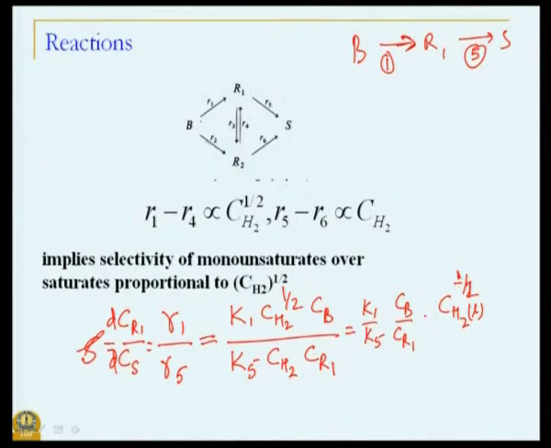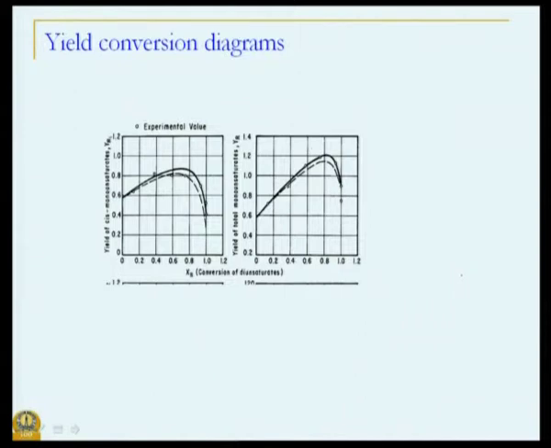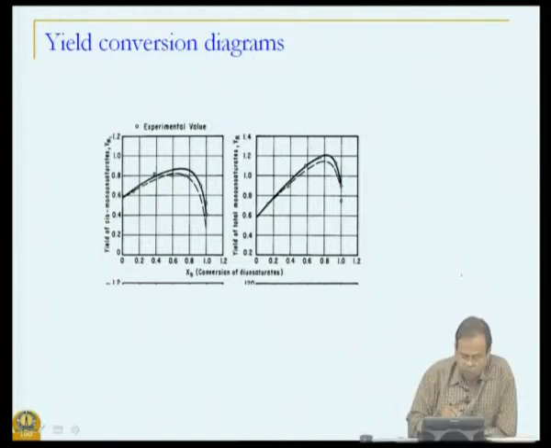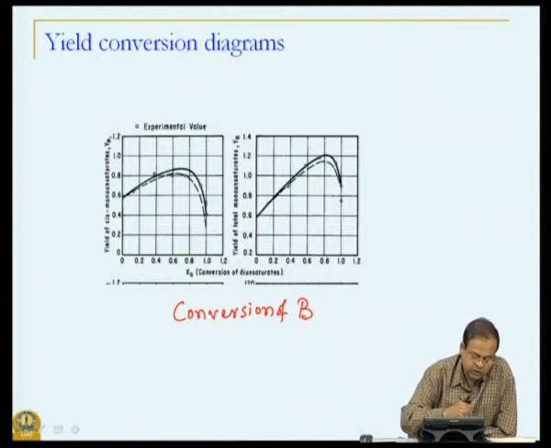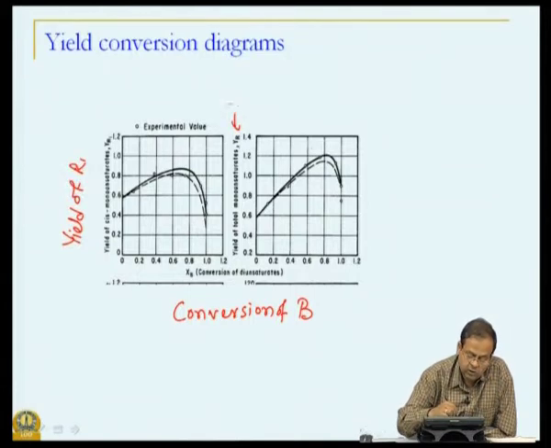So, let us look at when you actually do batch experiments, how do these results look in the domain of yield conversion diagram. So, what we are looking at here is the conversion of monounsaturates, conversion of B versus yield of R1, and this is yield of R1 plus R2 put together.